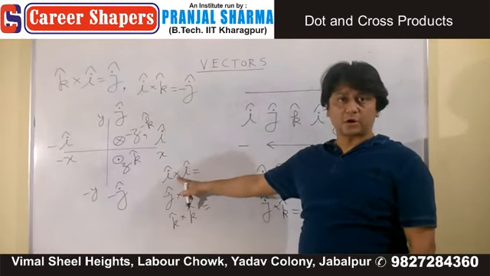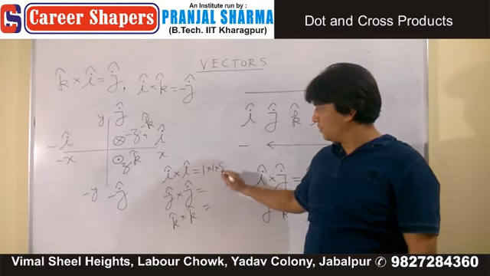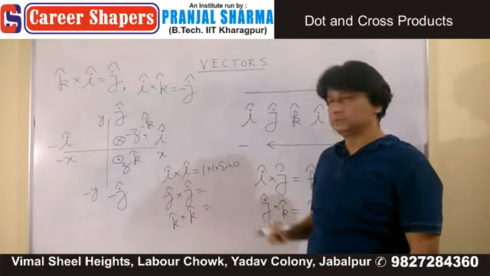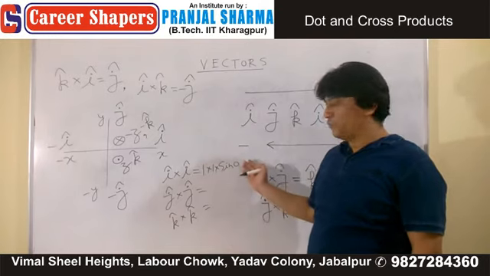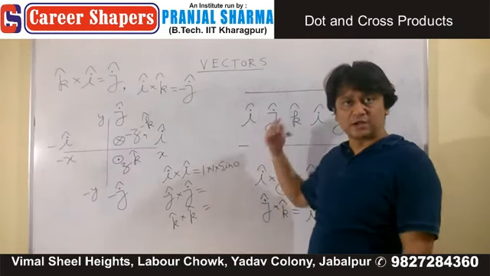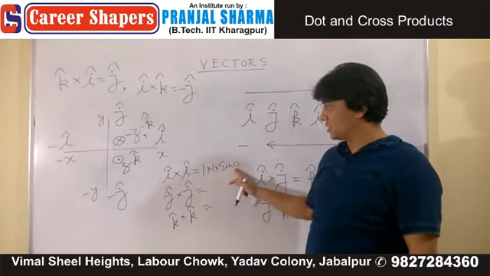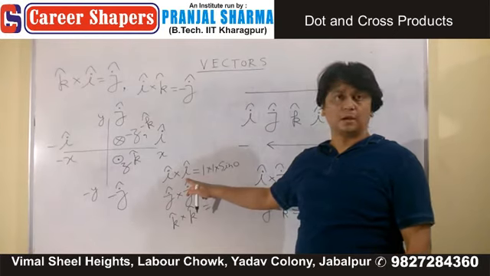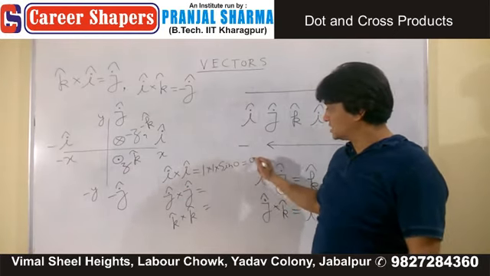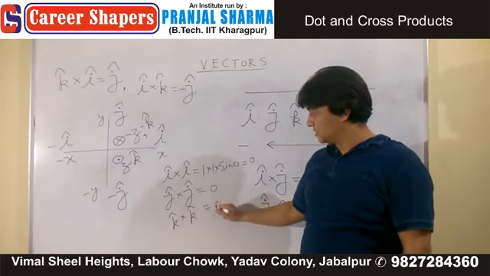When you are going to take the cross, it will be 1 into sine of 0. Before you could use the unit vector for direction, that is gone. This is 1 into sine of what? Angle between I and I. This is coming 0. What is I cross I? 0. Similarly this.